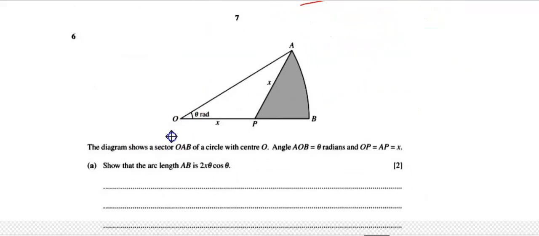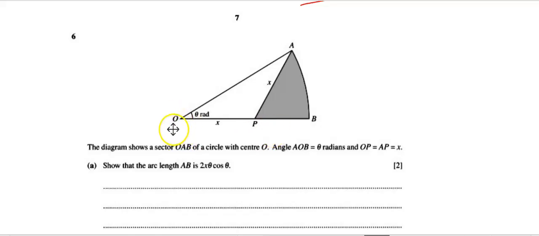The next question: the diagram shows a sector OAB. We can see OAB with an included angle here, theta radians. So angle AOB is equal to theta, and OB is equal to AB, which is equal to x.